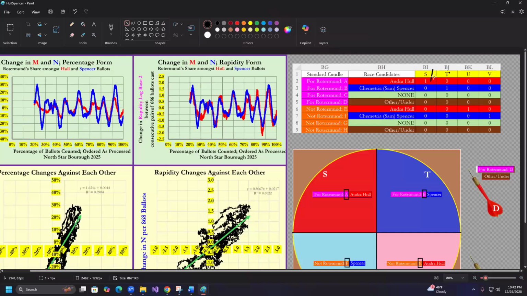Omega is S and T over all the votes, which is Rotterman's performance. And lambda, with S and V, is this weird ratio: mainline conservatism plus mainline Democrat divided by all the votes.